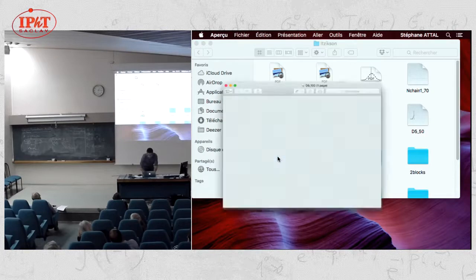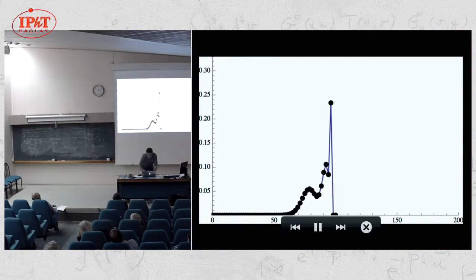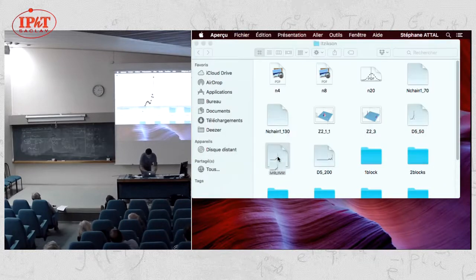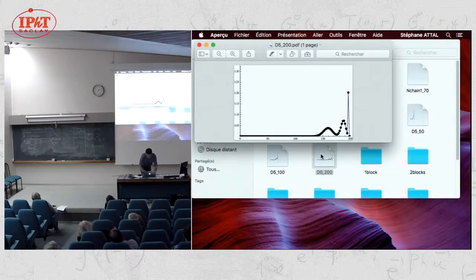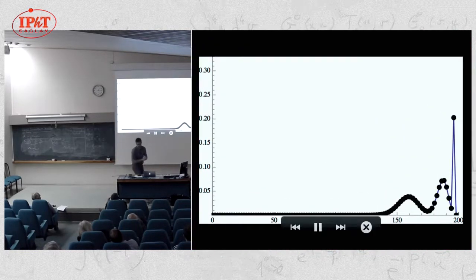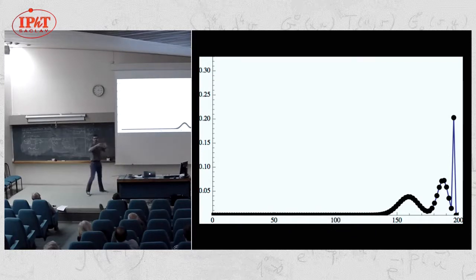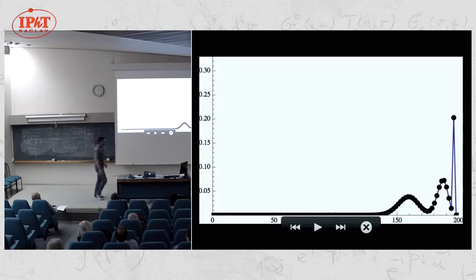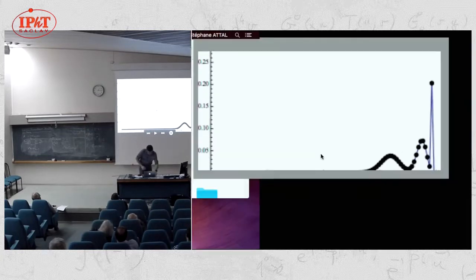So with time it evolves, and you see a first Gaussian appearing, and the second one which is going to appear. And it gives you that: two Gaussians moving, spreading, plus a Dirac mass. We have plenty of examples like that.